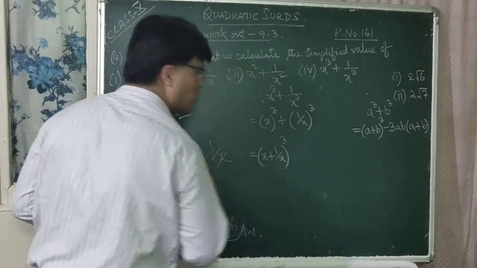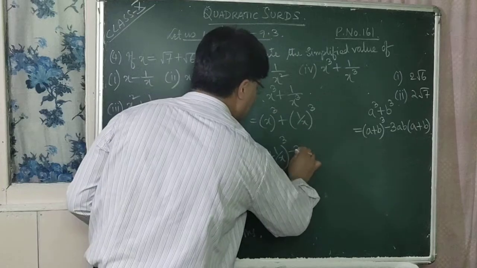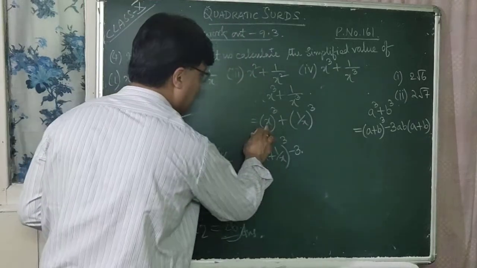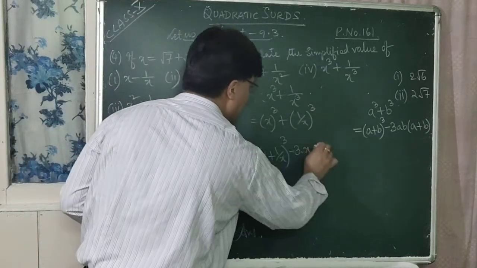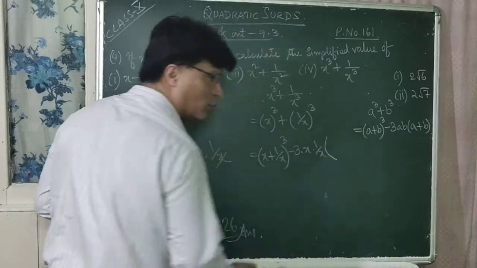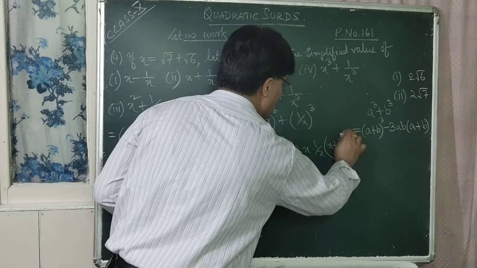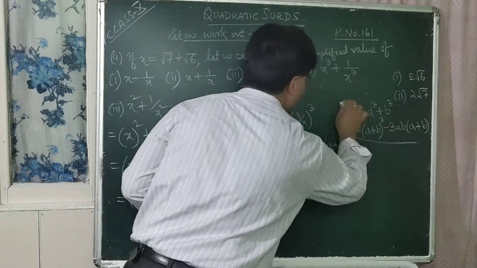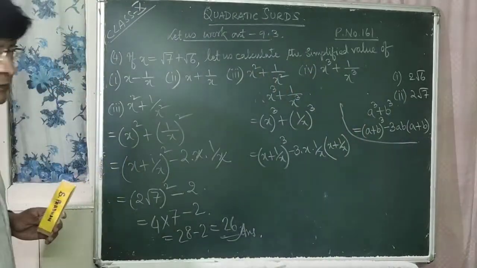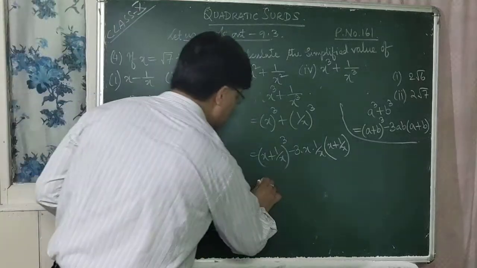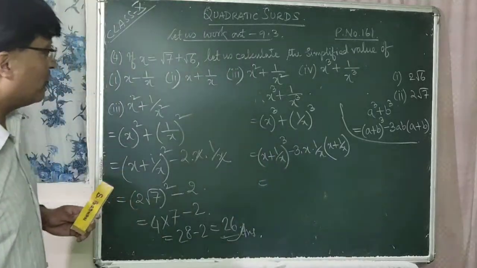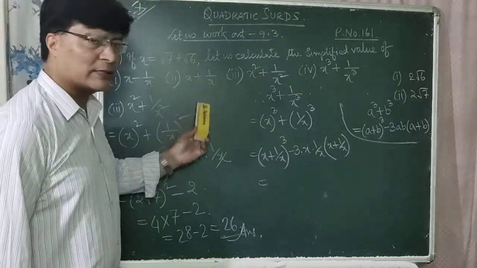Let us use this formula here, which is equal to x plus 1 upon x whole cube minus 3 into, what is a? x. What is b? 1 upon x into what? A plus b. What is a plus b? x plus 1 upon x here. Right? Now you can put the values. So what is the value for x plus 1 upon x?